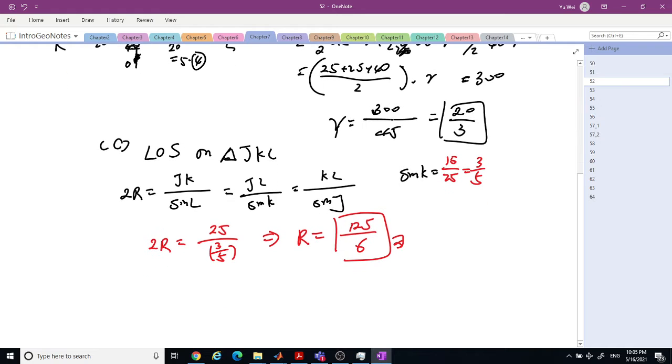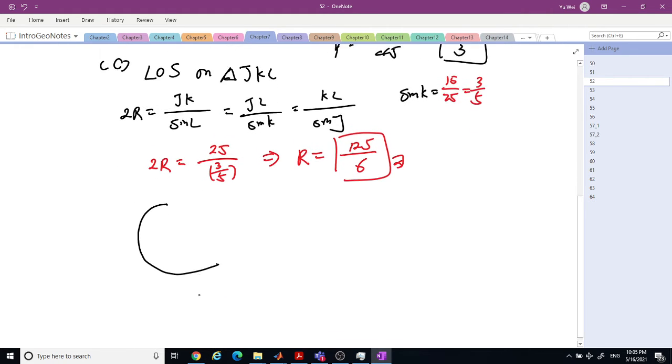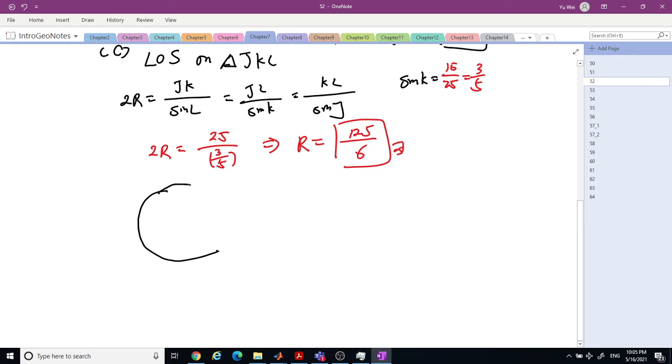Okay, let me prove the law of sine. We have a triangle ABC. This is A, this is B, this is C, right?